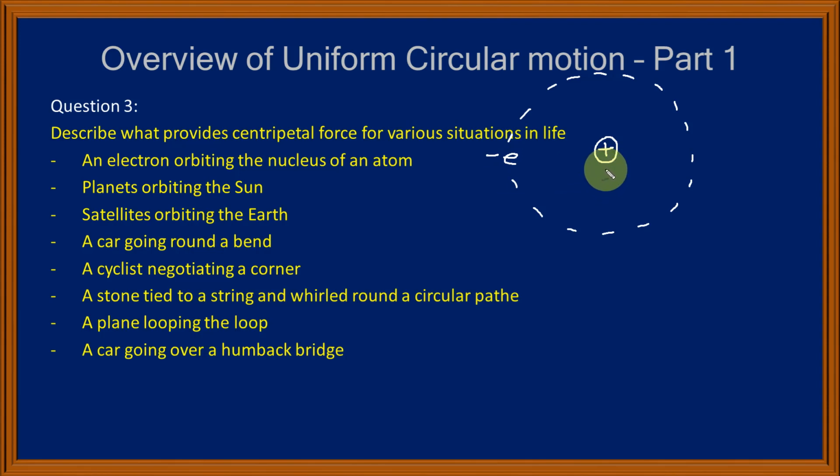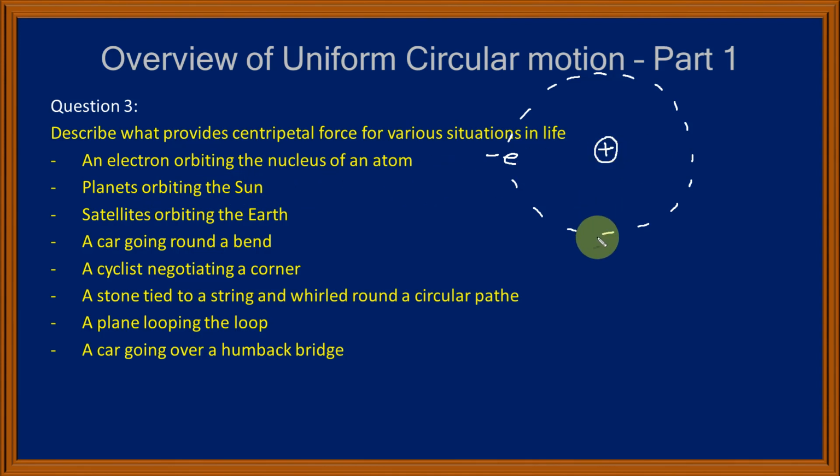I want you to observe two terms I'm using here. I'm talking about what provides the centripetal force on what object, and it is provided by what. For example, let's talk about planets orbiting the sun.